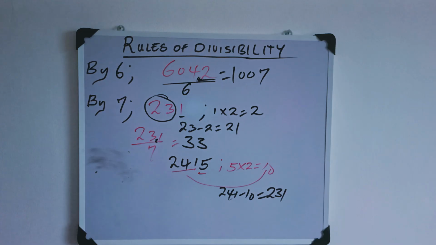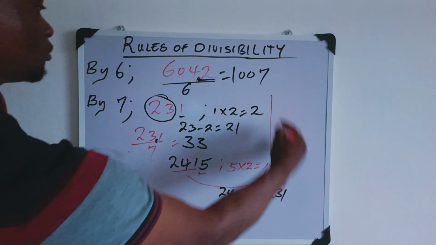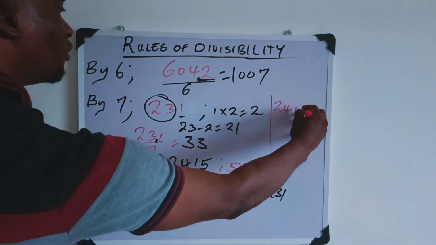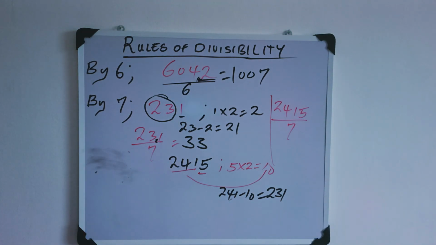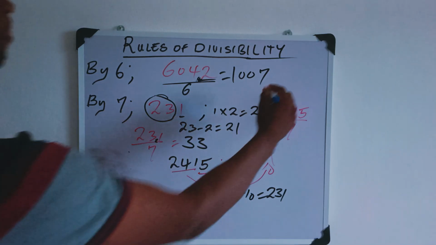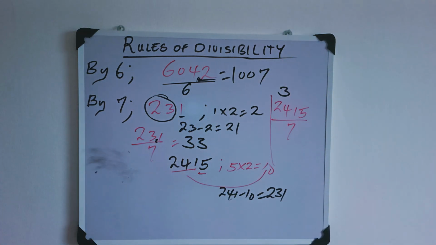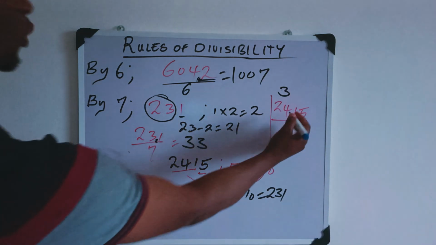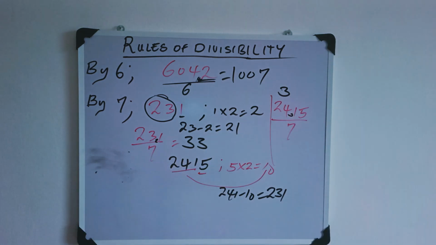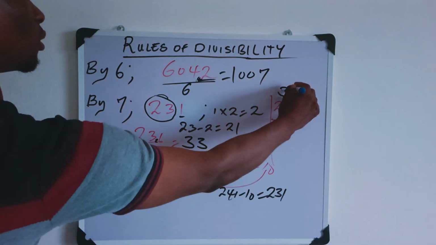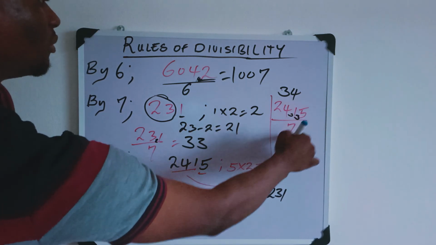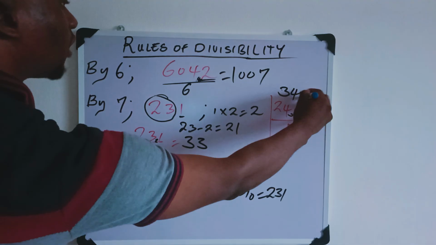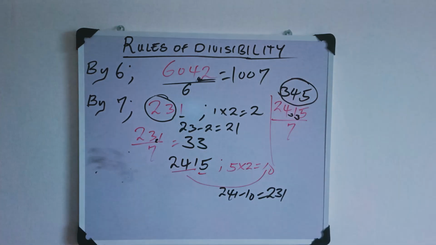So let's prove that. 2415 divided by 7. 7 in 24, we're going to have 3, remaining 3, so we add the 3 here. 7 in 31, we're going to have 4, remaining 3, then you add the 3 here. 7 in 35, we're going to have 5. So 345. So that means 7 can divide 2415.